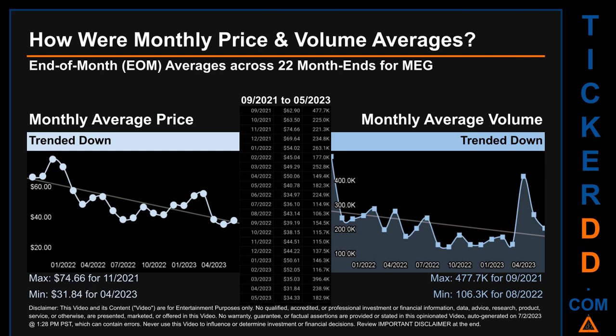The maximum end-of-month average price was $74.66 for 11/2021, while the minimum was $31.84 for 04/2023. Looking at volume, 09, 2021 and 08, 2022 respectively saw the highest and lowest monthly average volume at 477.7 thousand and 106.3 thousand.